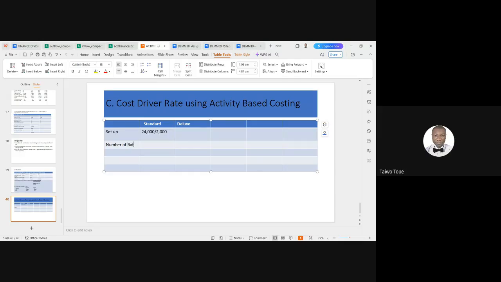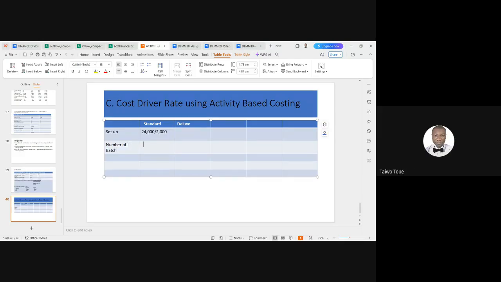I'll be writing it small, so we'll have 12. But the loss, 24,000 units divided by 100. How many batches? 240. So when you go back to the question, it states that number of setup is based on per batch.